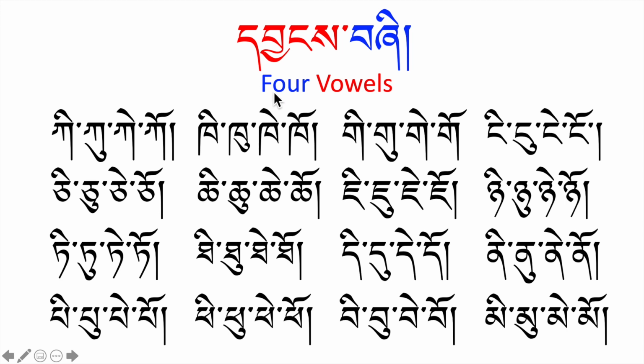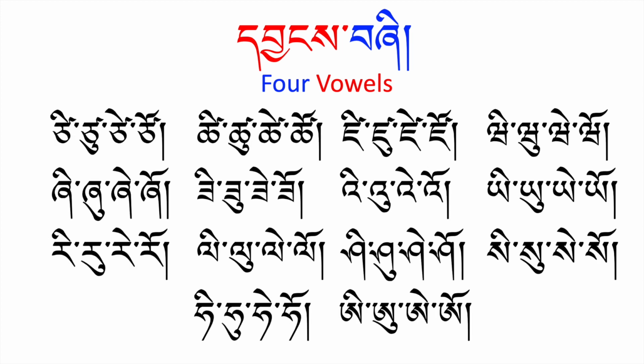Now we learn four vowels, and when we put four vowels with thirty consonants, it makes a sound. And now we also learn the meaning too. So this is really good for remembering the four vowel sounds as well as the meaning.